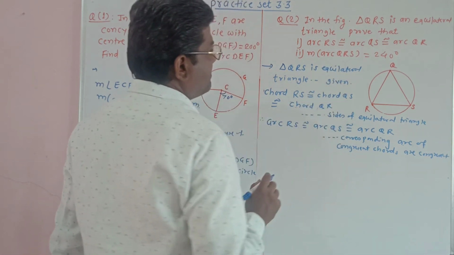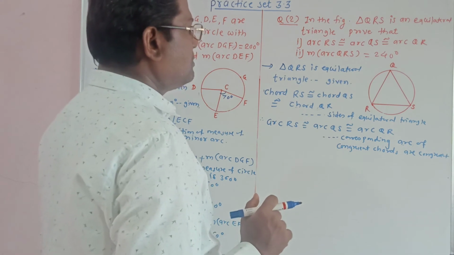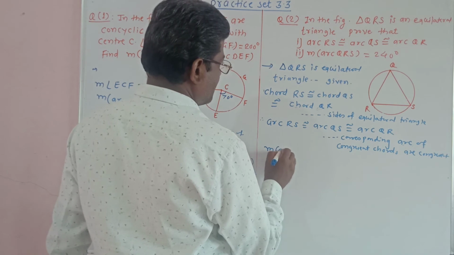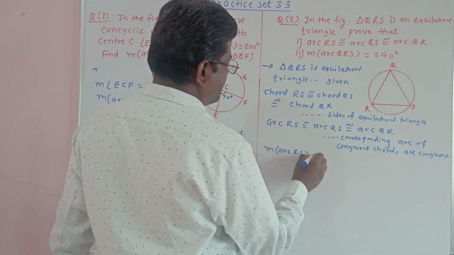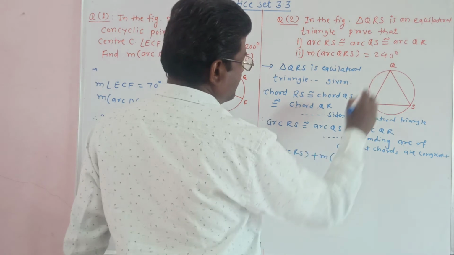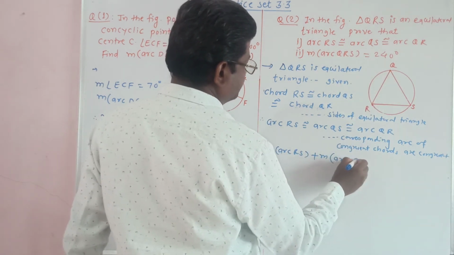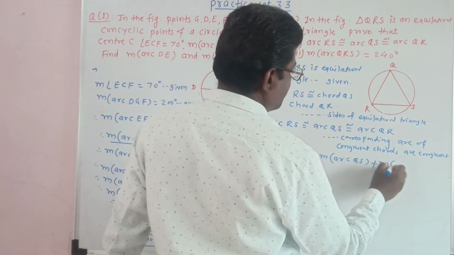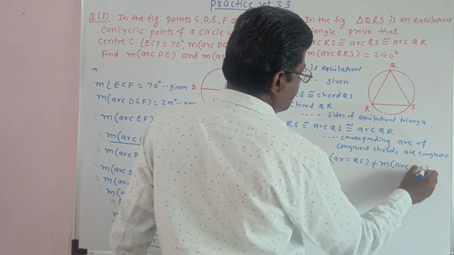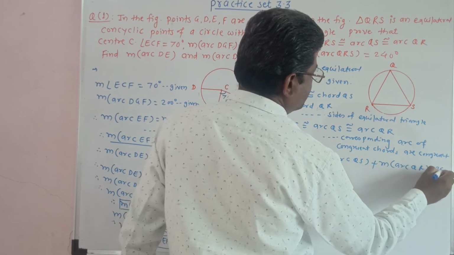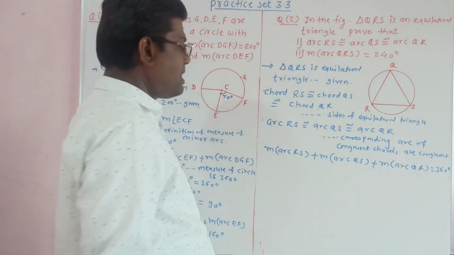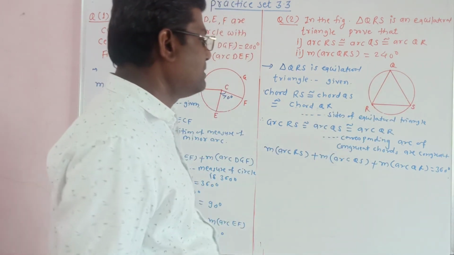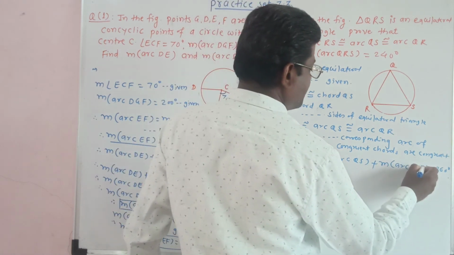Now we have to find measure of arc QRS. Now let's see, measure of arc RS plus measure of arc QS plus measure of arc QR is equal to 360 degree.